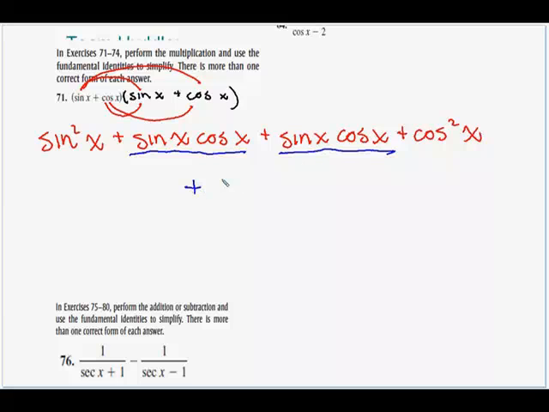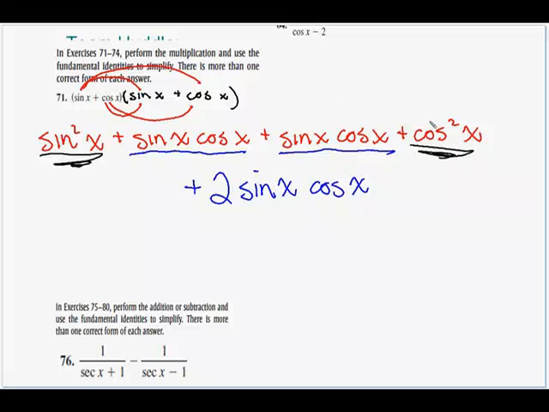That will turn into a plus 2 sine x cos x. And what do we do with the last terms? Sine squared plus cosine squared, that's a Pythagorean identity. Sine squared plus cosine squared equals 1. So here we have 1 plus 2 sine x cos x, or you could have 2 sine x cos x plus 1. Either way, same thing. Much simpler than what we started with.